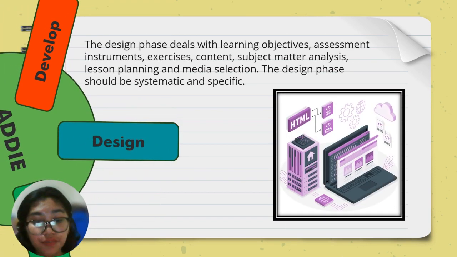In the design phase, the second phase, there are multiple aspects that we need to consider. We need to consider the steps, the exercise, the media selection, the content, the assessment instruments, the lesson planning, the subject matter analysis, the learning objectives, and etc. The design phase should be systematic and specific.